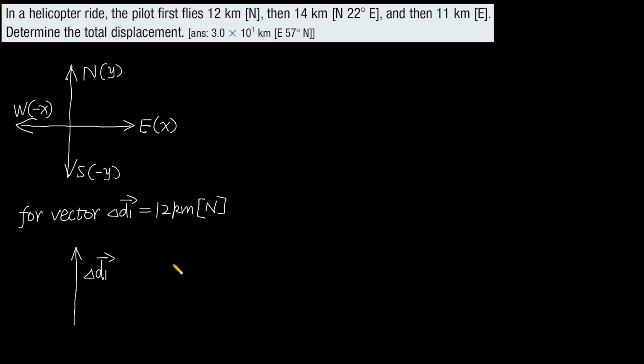From the graph, we can know that the vector delta d1y just equals vector delta d1 and equals 12 kilometers. It's positive because its direction is north, the positive y.